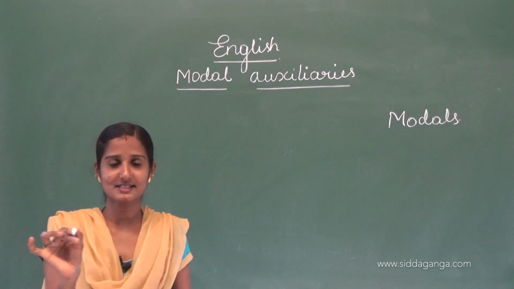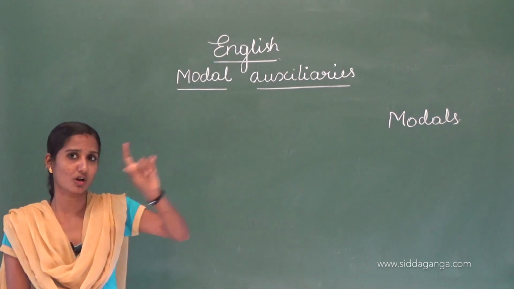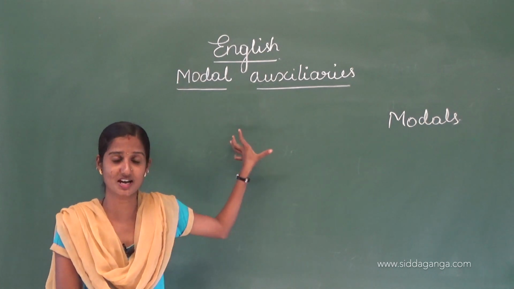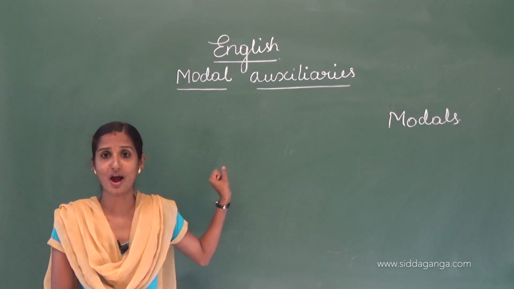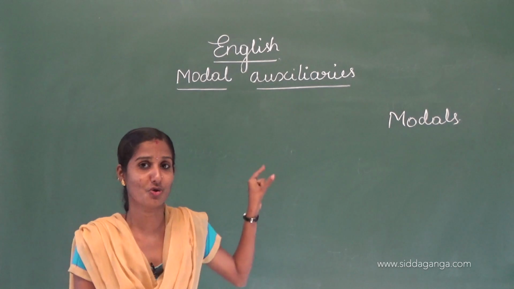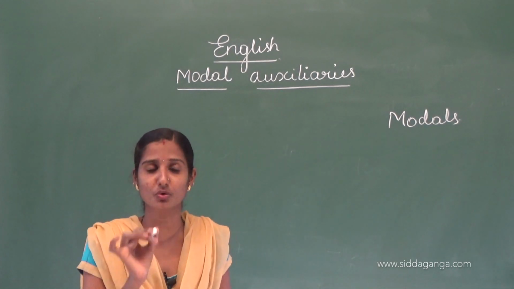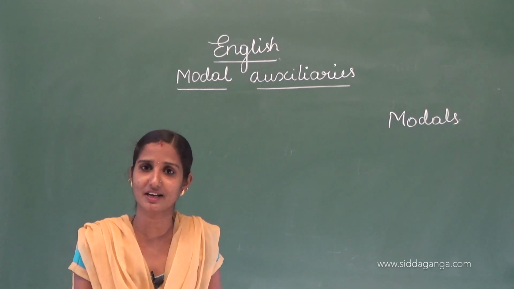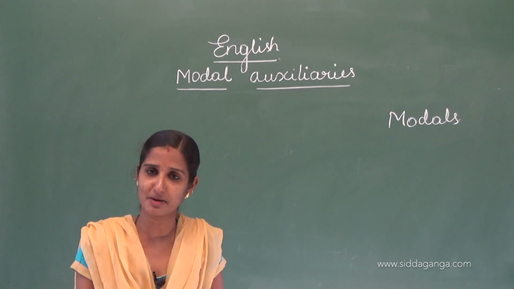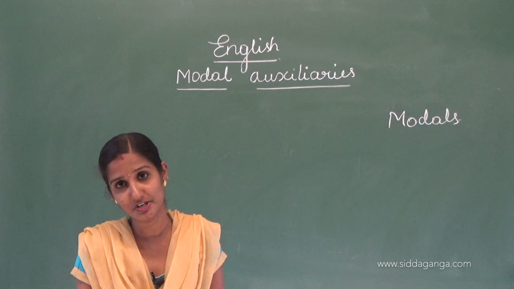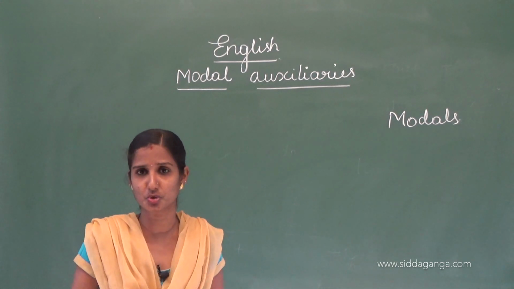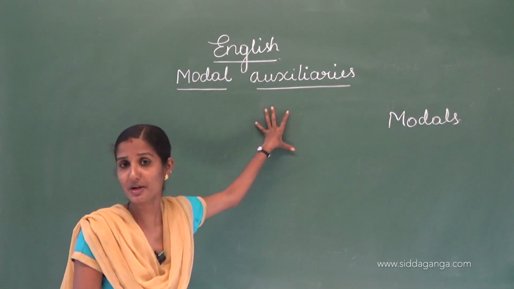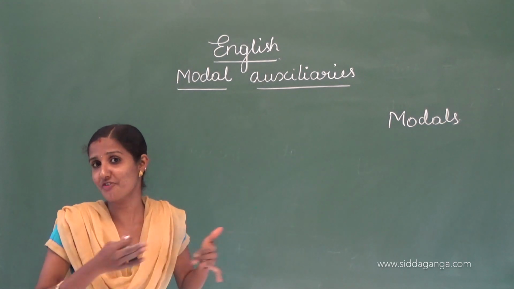In that sentence there will definitely be one modal auxiliary, and you have to identify what function that sentence is performing based on the modal auxiliary. You have to write which function it is playing: either it is making a request, or asking permission, or giving permission, or whatever it is doing. In that way these helping verbs perform many functions.